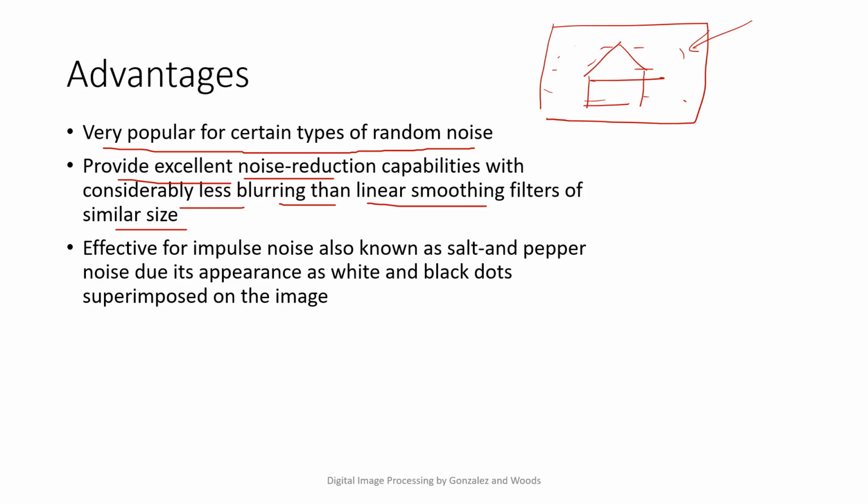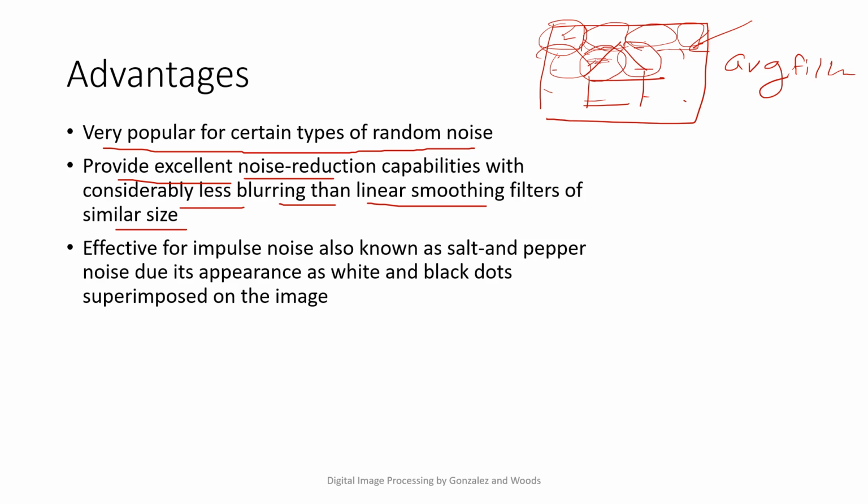We want to remove this noise using, suppose, the averaging filter, the first filter which we have seen. What will happen? We are taking the neighborhood, taking the average, writing it here, and doing it for all the windows. Because of that, the edges also get blurred because we are taking the average.